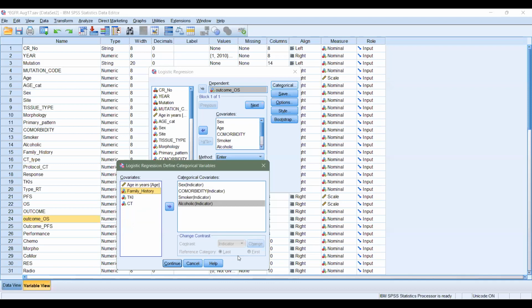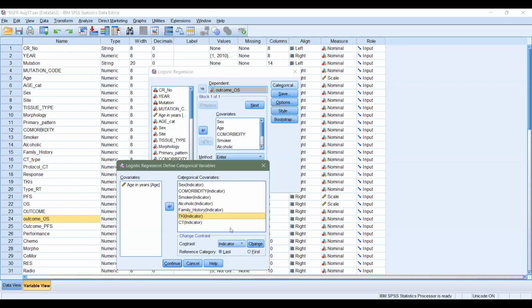That means if you have defined 1, 2, 3, then the third will be the reference category. You can change it by selecting first and clicking on change for these variables, or you can keep it as the last category.